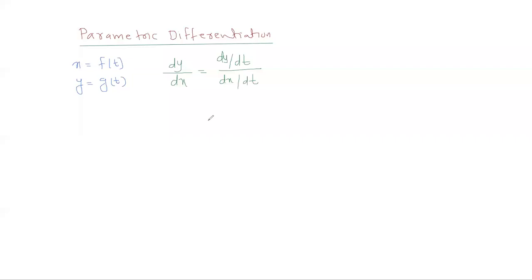This is the formula to find dy by dx when the function is given in parametric form. dy by dx is equal to dy by dt divided by dx by dt.